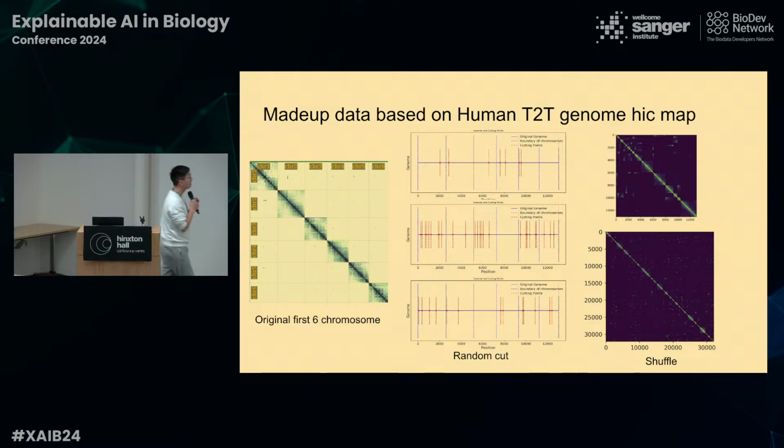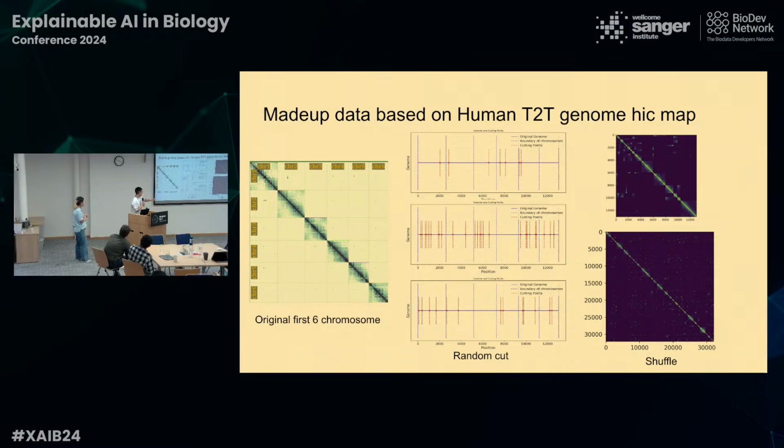As you can see, here we got 6 blocks, where each block is just one chromosome. And then for the data preparation, we just cut them randomly. For example, this chromosome is cut into 1, 2, 3, 4, 5 pieces. We do a random cut, and then shuffle them.